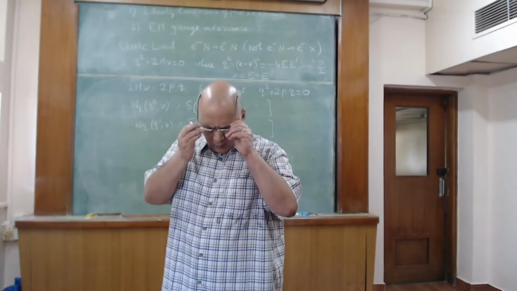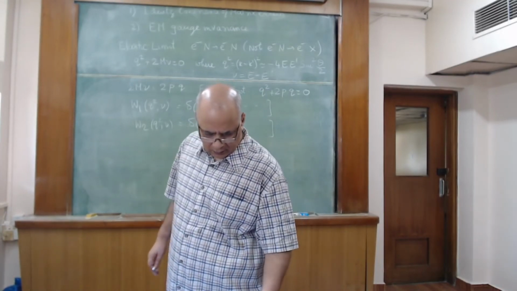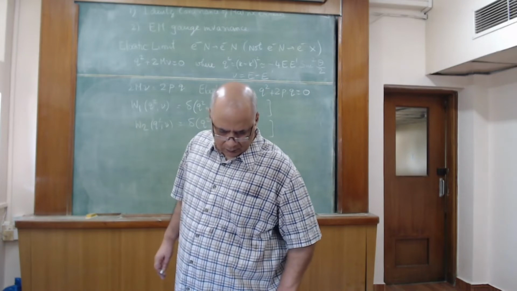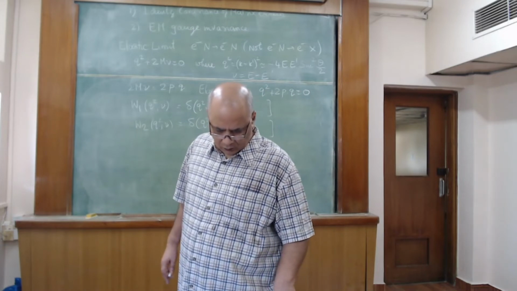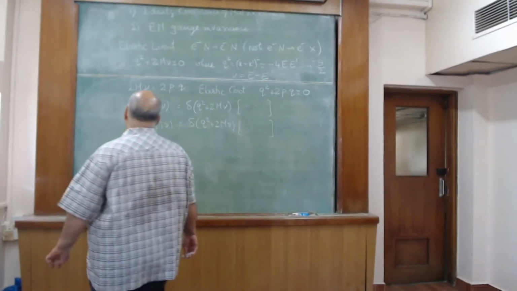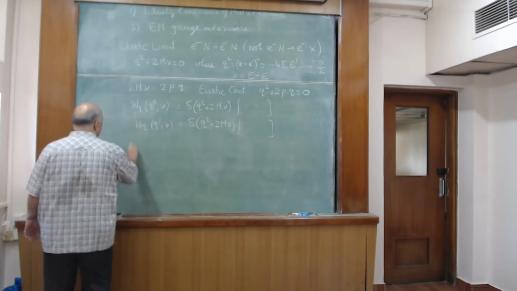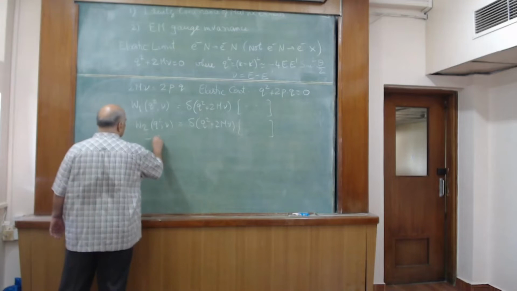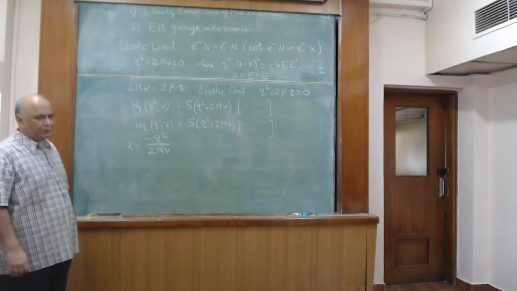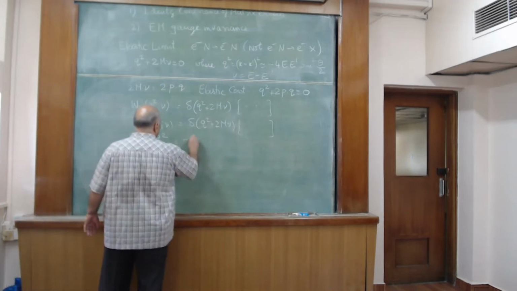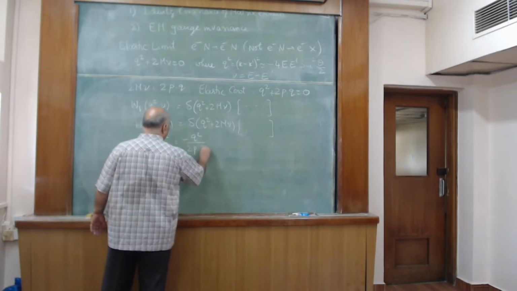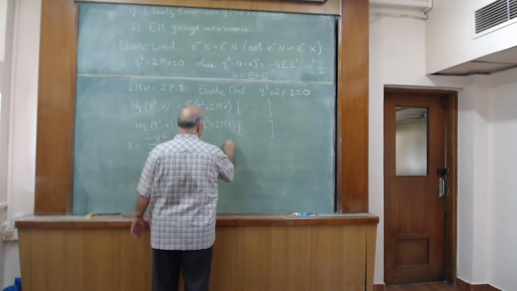So first, let me introduce dimensionless variables. One of them is x, minus q square by 2 M nu, or minus q square by 2 P dot q.